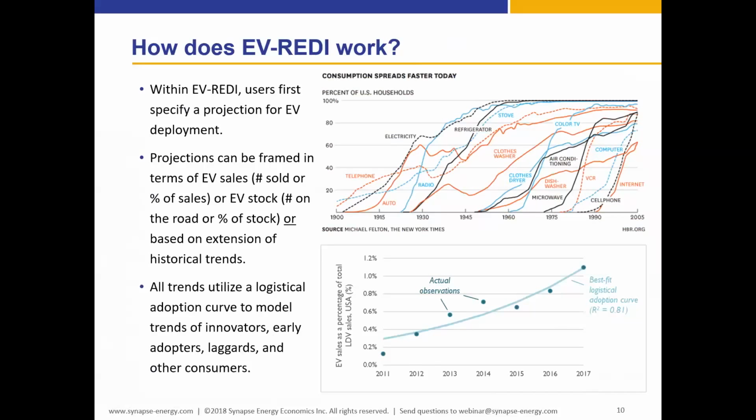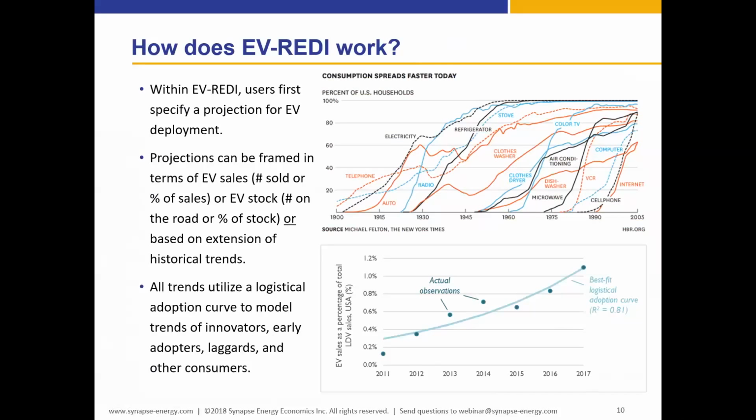Sure. So the logistical adoption curve is just a starting point for developing a projection. But there are definitely other ways to do it in terms of a ground-up forecast. As you were saying, Bruce, one could get a set of data about what goals individual states or individual car makers have announced in terms of how many EVs they're going to be selling in individual years.